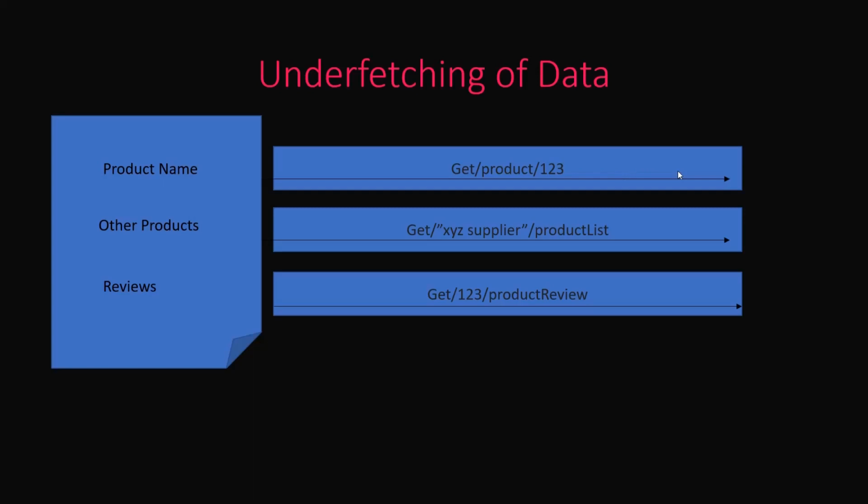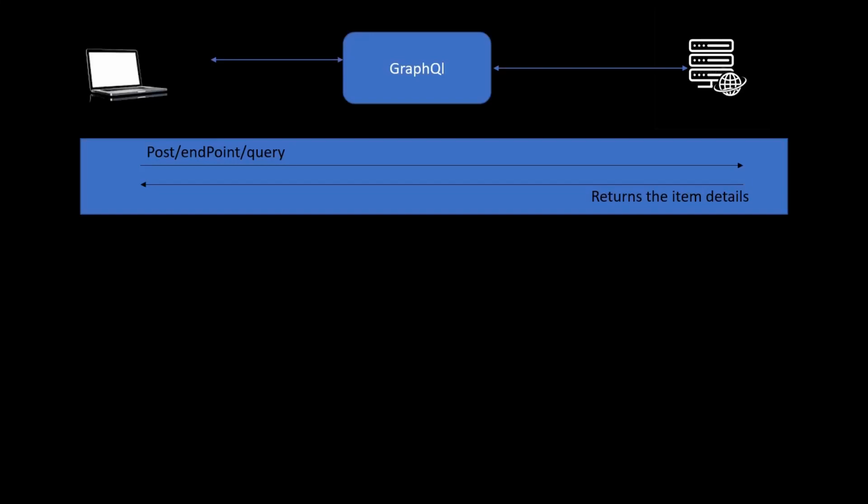Now let's see how GraphQL solves it. With GraphQL, we make a POST request to an endpoint which is exposed by GraphQL. The thing to remember here is that GraphQL only exposes a single endpoint as opposed to REST APIs which expose multiple endpoints. Along with the request, we'll be sending a query wherein the client specifies the data that he needs and the format in which he needs it.